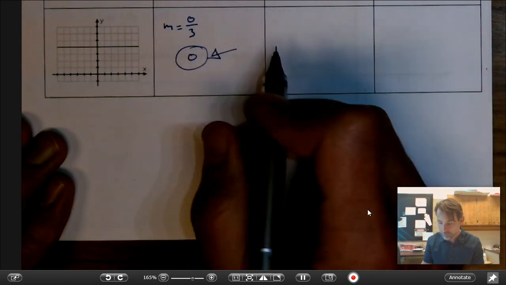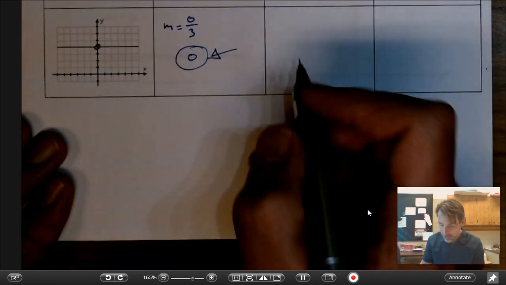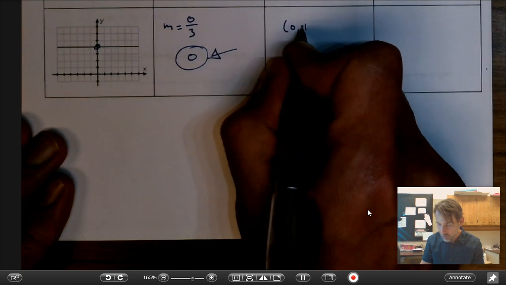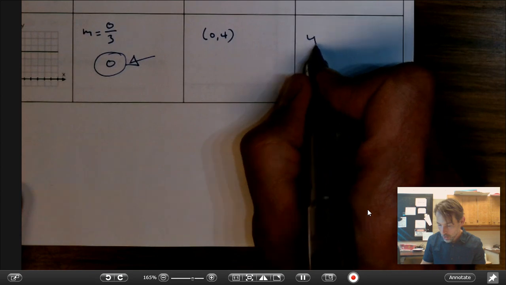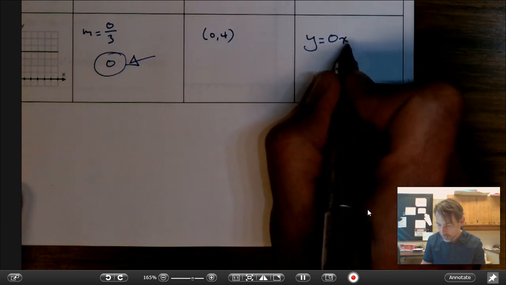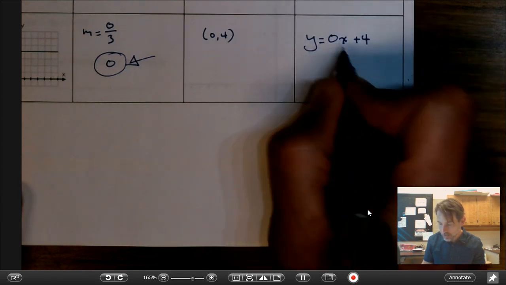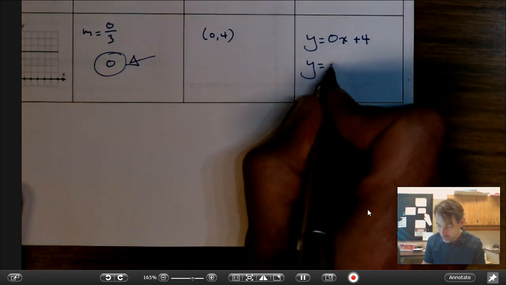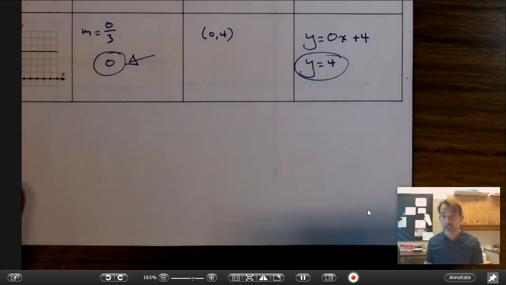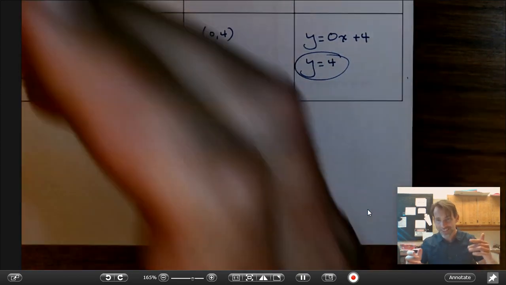The slope is 0. The y-intercept is up there at 0, 4. So this line written out would be y is equal to 0 multiplied by x plus 4. But anything times 0, doesn't matter what x is, it's 0. So this is y is equal to 4. That's the equation in y equals mx plus b form. You would simplify.